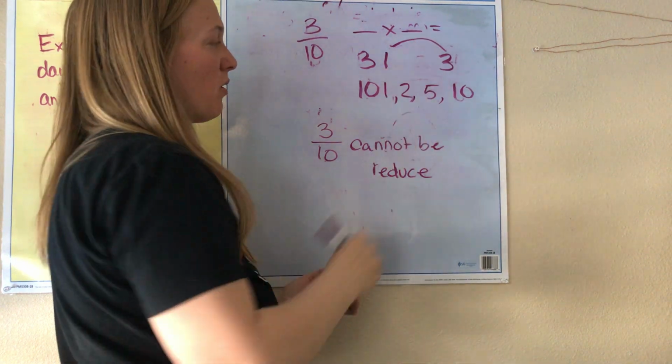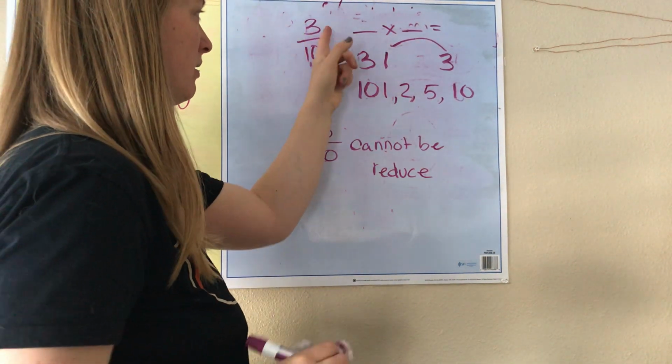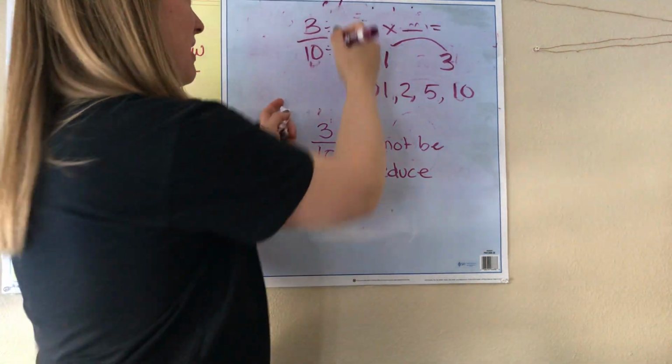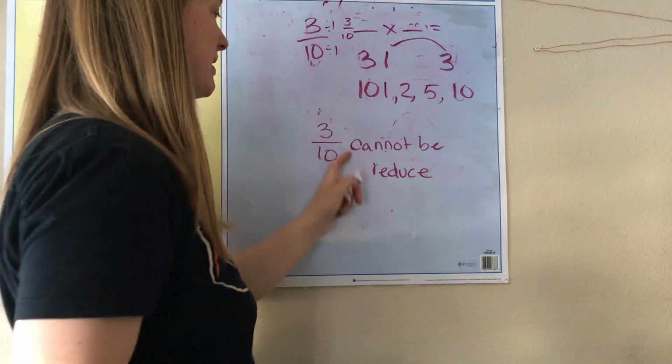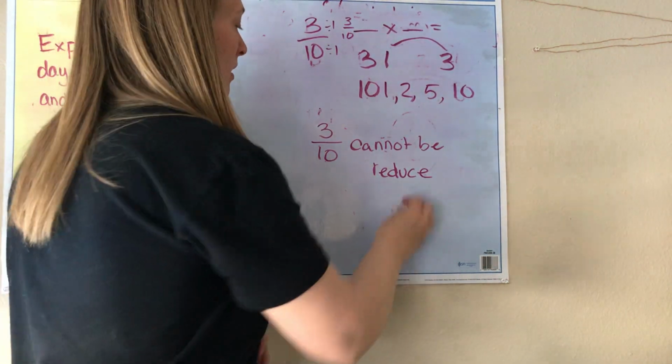Again, even though they have 1 in common, if I divide this by 1, let's go ahead and do it. Divide by 1. I'm still going to get the same answer. I'm going to get 3/10. So it cannot be reduced. It's already in its simplest term. Okay?